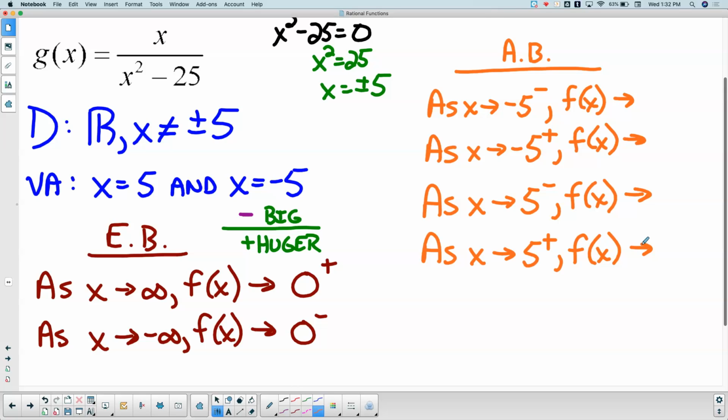Okay? Lock it in. Give me a number left of negative 5. Negative 6? Okay? So if I put in negative 6 there, what do I get?